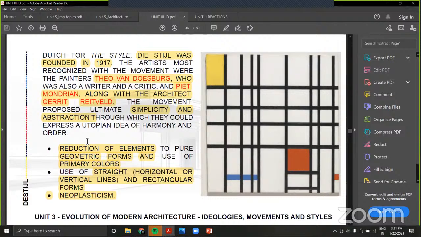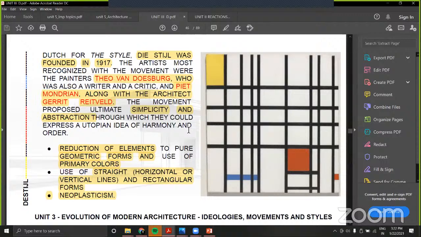De Stijl was founded in 1917 with the artist Theo van Doesburg, who was also a writer and a critic. And with this, they can ask what are the characteristics of De Stijl, or what are the characteristics of cubism, kind of questions. So we can see the characteristics now.